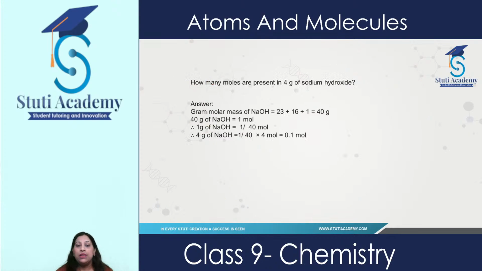Now the next question is, how many moles are present in 4 gram of sodium hydroxide? First of all, you need to find out the molar mass. Since the formula of sodium hydroxide is NaOH, and when we represent molar mass in the case of atoms or molecules, we write gram atomic mass or gram molecular mass.